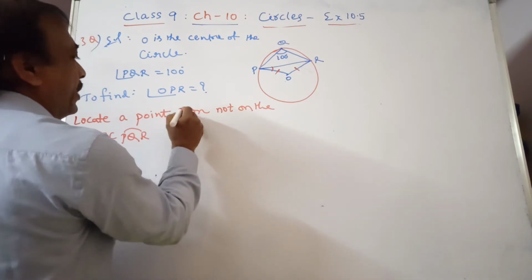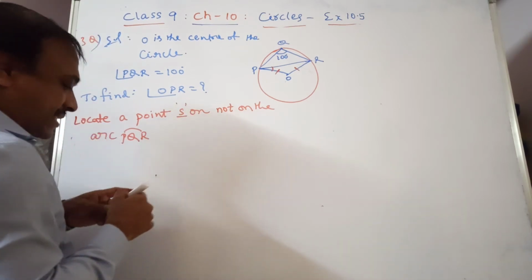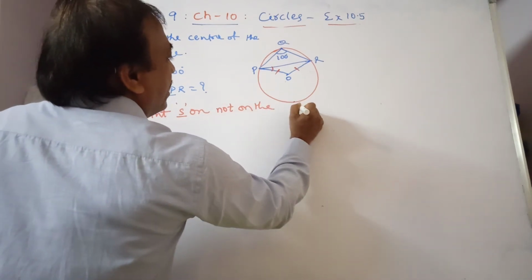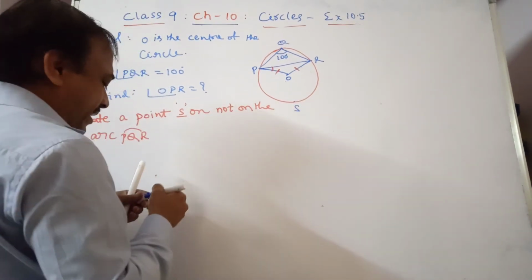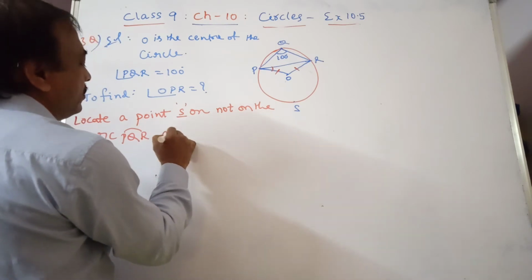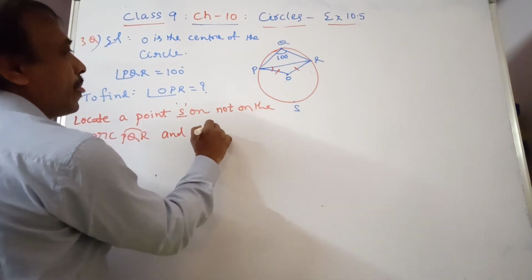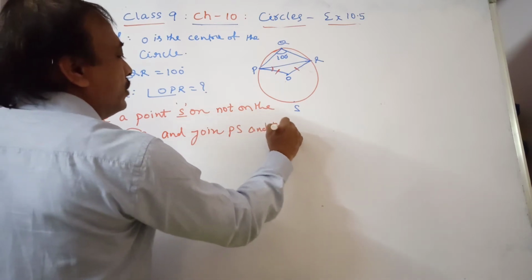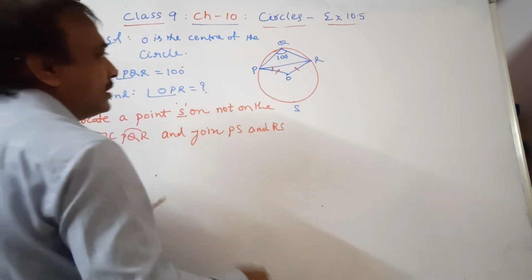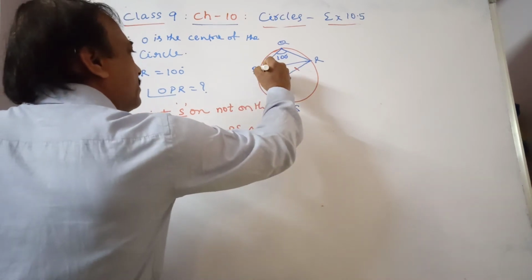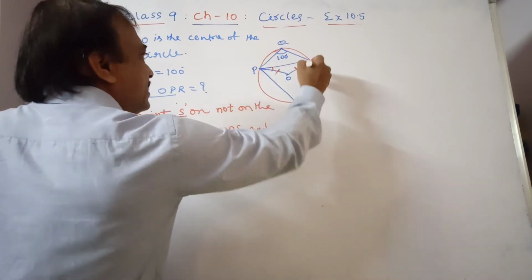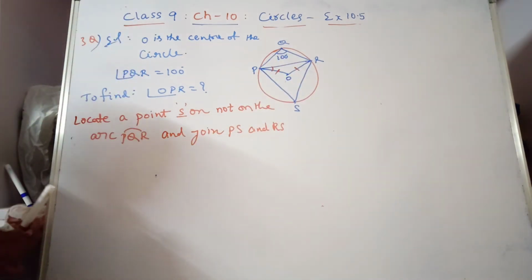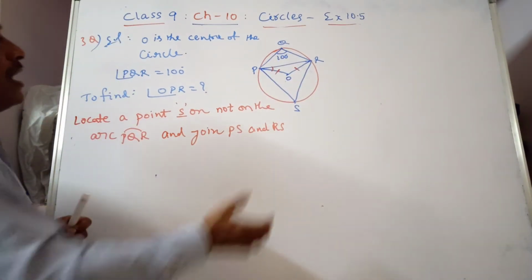So locate a point S. Look at this, I am locating a point over here, S, and join PS and RS. So join PS and RS. Observe it. So again we got a figure like the last question.